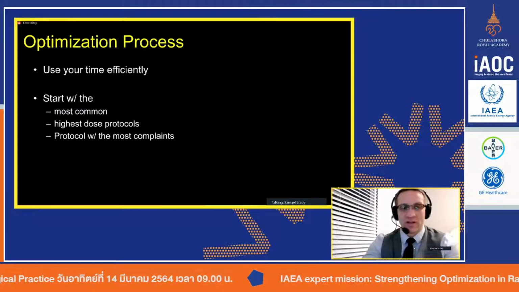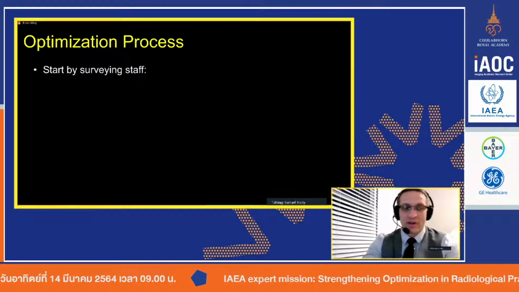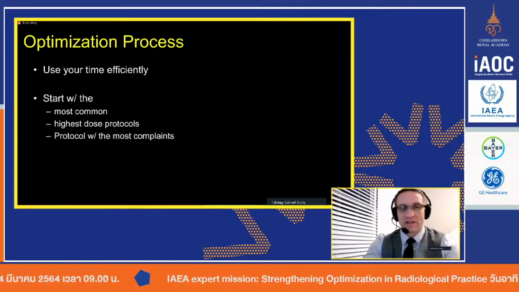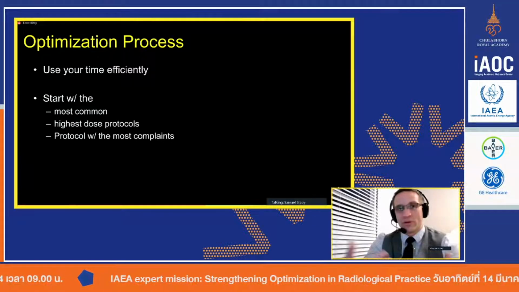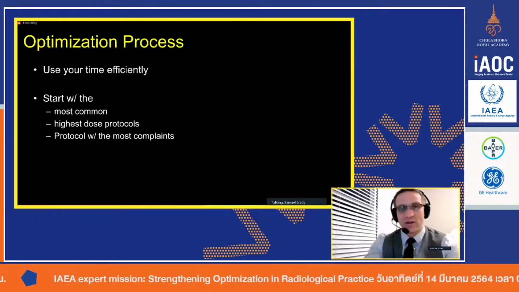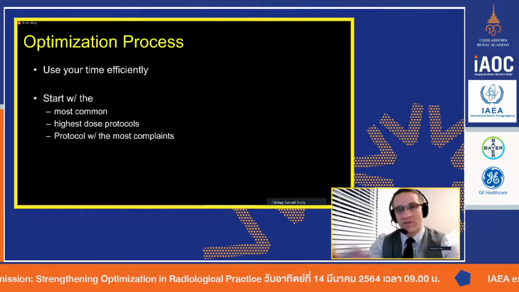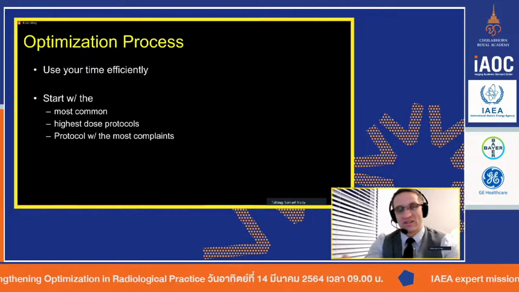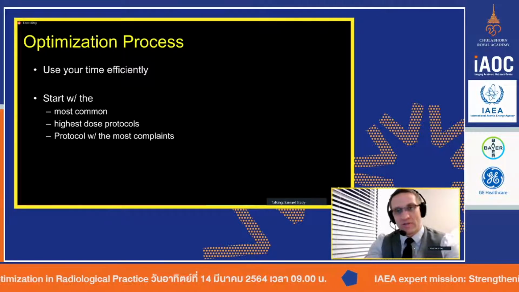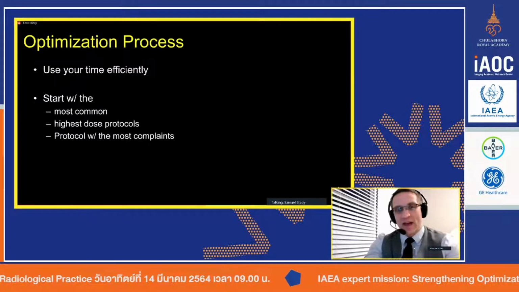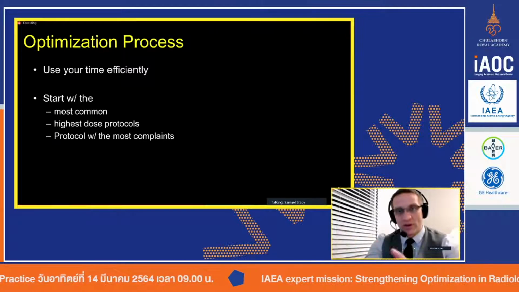Another way to look at this is, as you're going through your day-to-day process, the radiologists are looking at a lot of different images, and every so often there's going to be an image that comes across that just doesn't look very good, and they're going to flag that. When that gets noted, we collect that information.